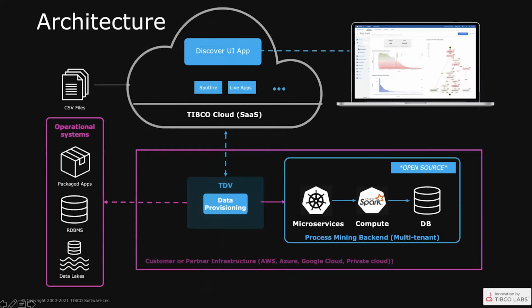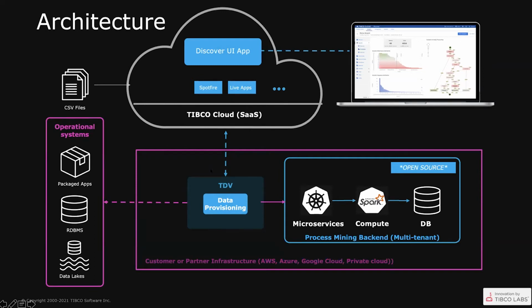So what we ended up with is an architecture that looks like this. The things in blue that you see are the TIBCO pieces. In the TIBCO cloud, we use Spotfire and Live Apps as cloud services. We also build the UI, and the UI can be deployed in the TIBCO cloud as an app, pretty much as you saw just before from Hugo and Jeremy.